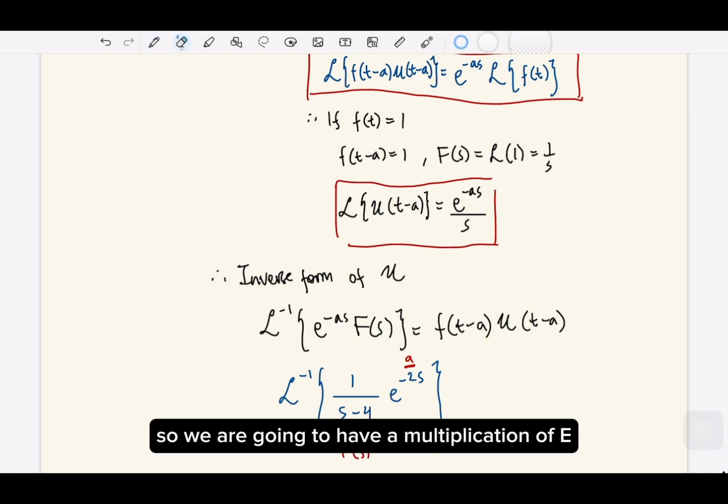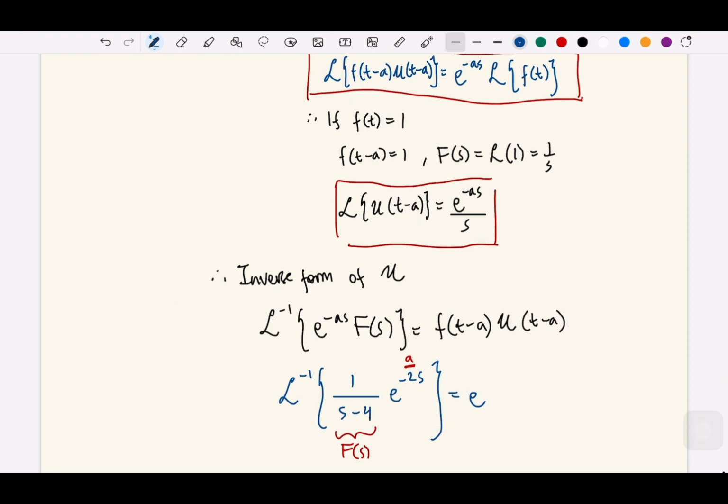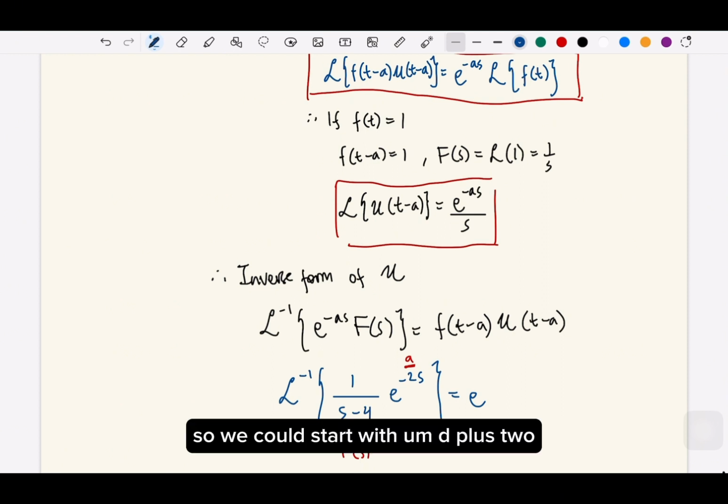So we are going to have a multiplication of e, because a is 2.